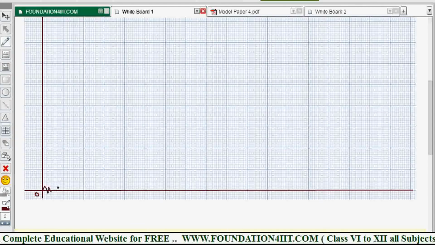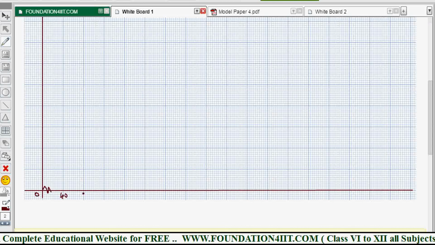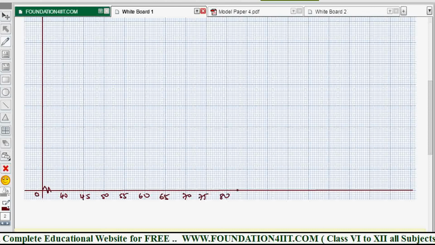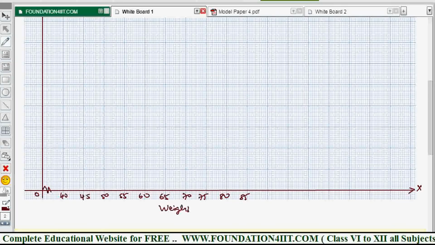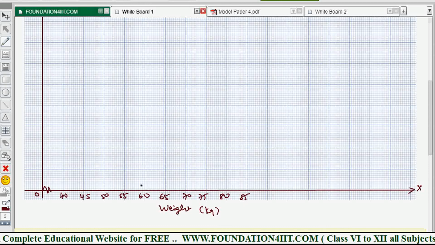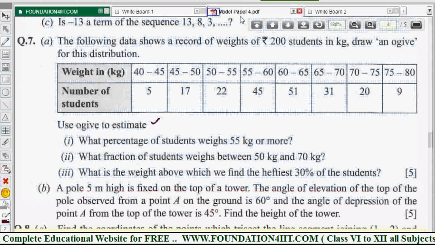Not from 0, use the kink symbol and start from 40, 45, 50, 55, 60, 65, 70, 75 till 80. We take one more number extra. This is the x-axis, the weight in kg, and the y-axis is the number of students. If you observe, the highest is 45.